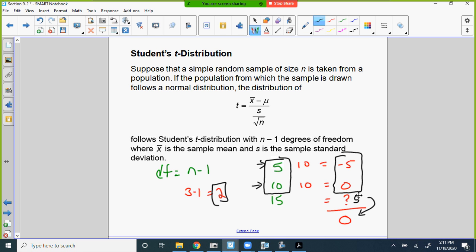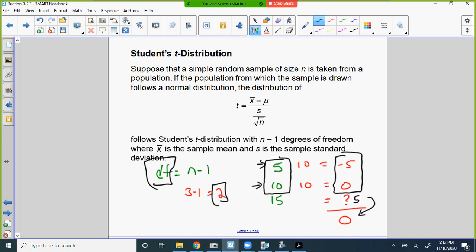So does that give you a little bit better understanding of what a degree of freedom is? And we're looking at it as n minus 1, right? Because we'll talk about t, when we look this up, we're talking about the degrees of freedom.